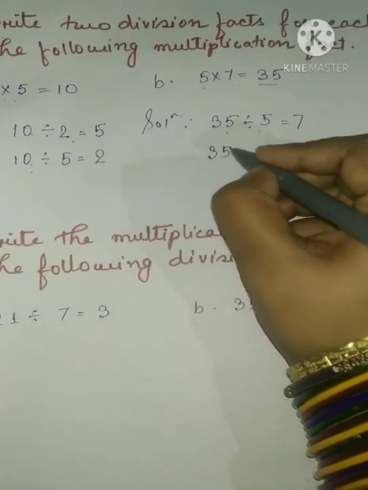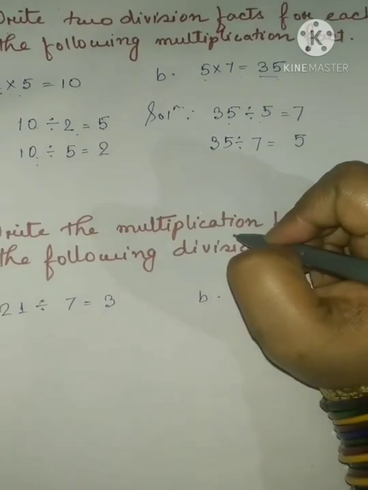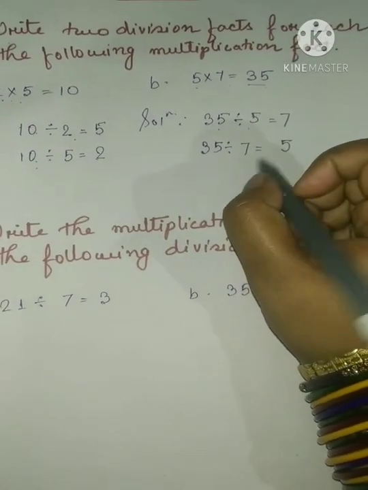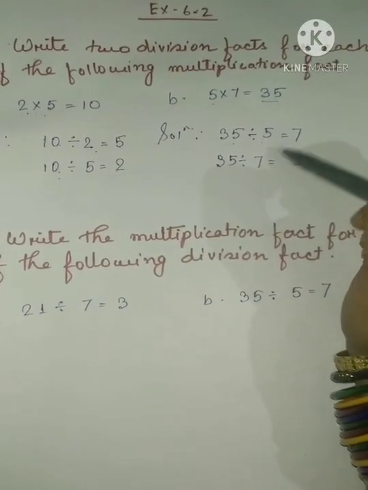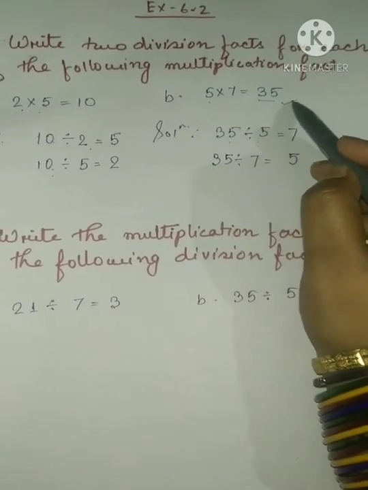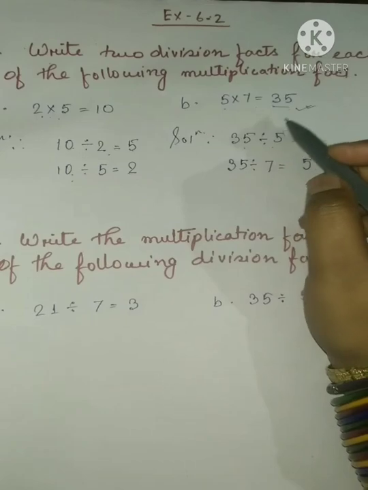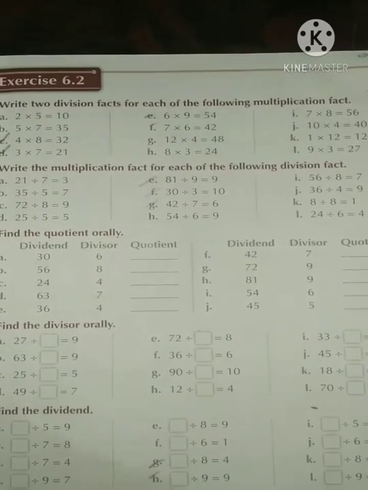And the next one will be 35 divided by 7. So what will be the answer? 5. Is it clear? So these are the 2 division facts for the multiplication fact. Clear, students?